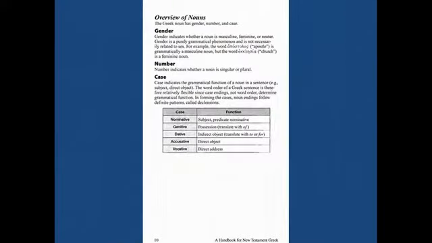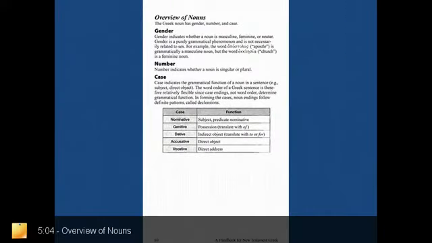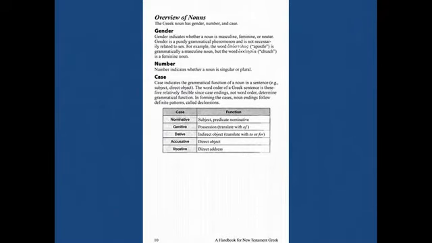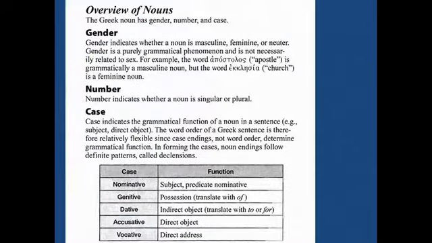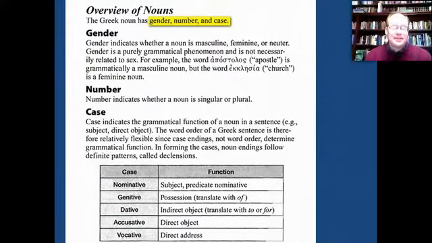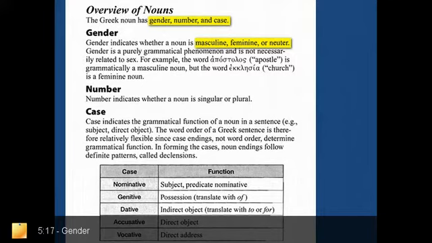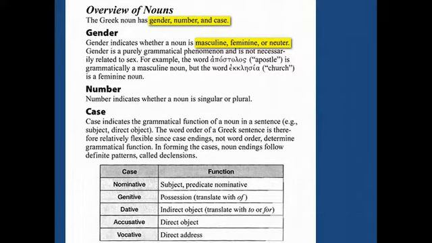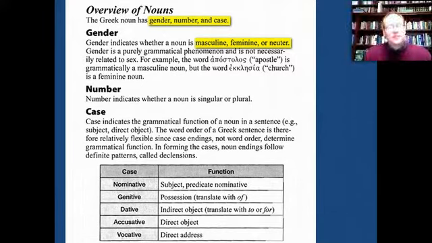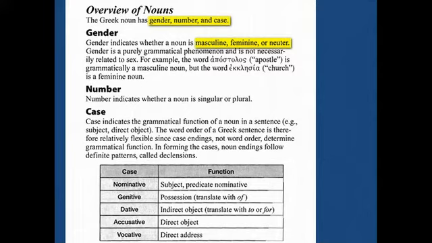Moving on to page 10, and the last page of the grammar section, we want to have a brief overview of nouns. The Greek noun has gender, number, and case. Gender indicates whether a noun is masculine, feminine, or neuter. Now, this is going to be something that's new to us in English.